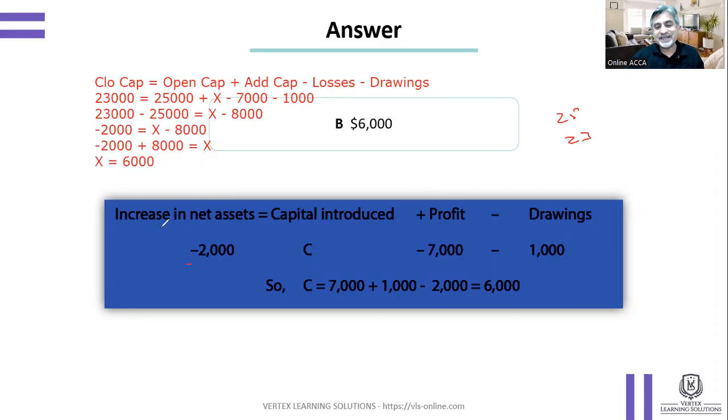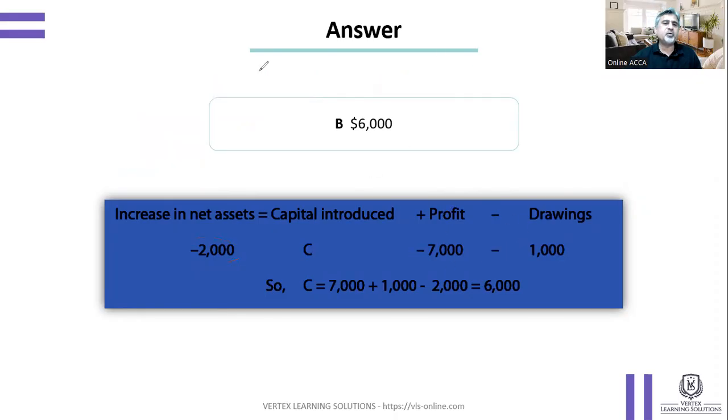So net asset increase is closing capital minus opening capital: closing capital 23,000 minus opening capital 25,000 gives you minus 2,000, which is equal to capital introduced C. Instead of profit, there is a loss of 7,000 and this is 1,000. You just put the numbers and you get your answer.